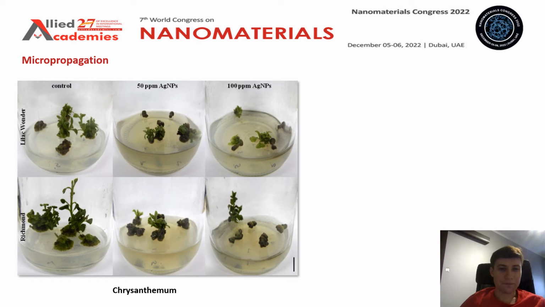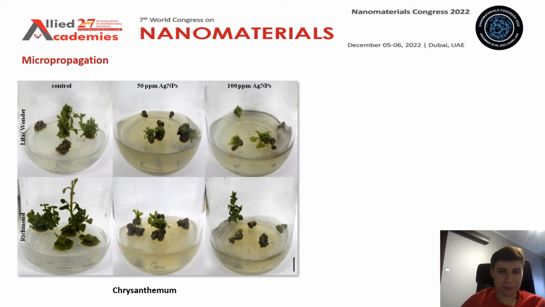Here you can see the impact of silver nanoparticles on the development of adventitious shoots in Chrysanthemum. In this study, we have inoculated some internode segments on the culture medium, and then directly after placing the explants on the medium, we have added some nanoparticles onto the surface of the medium.